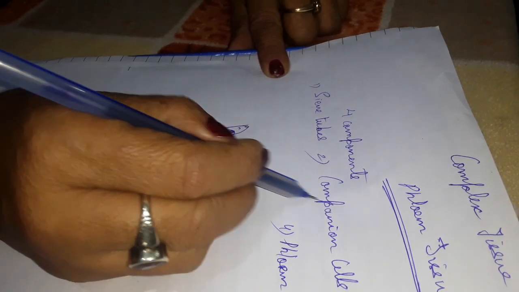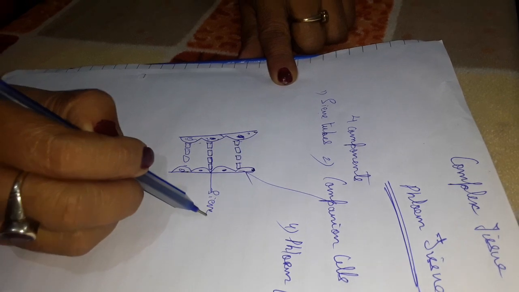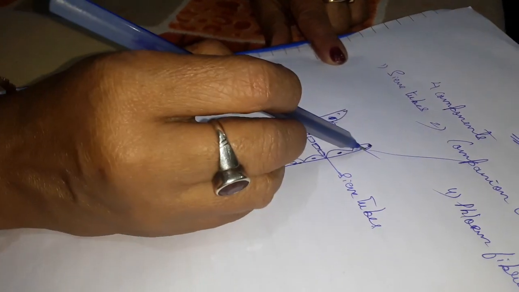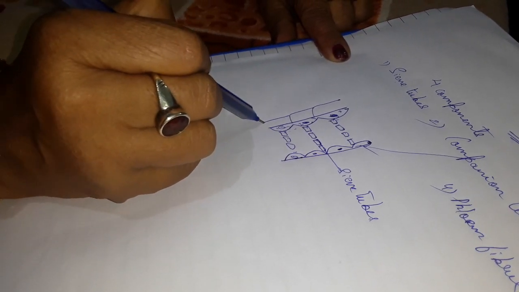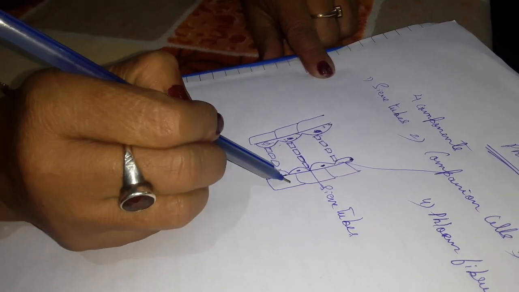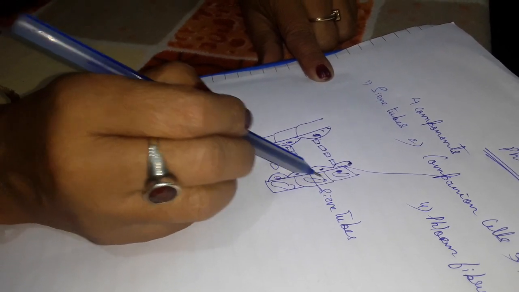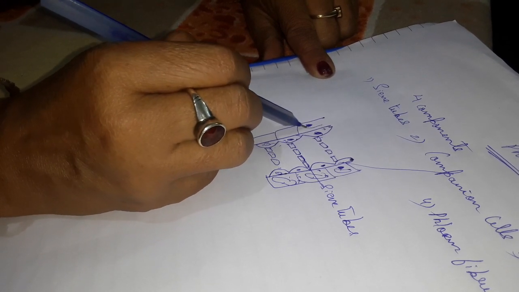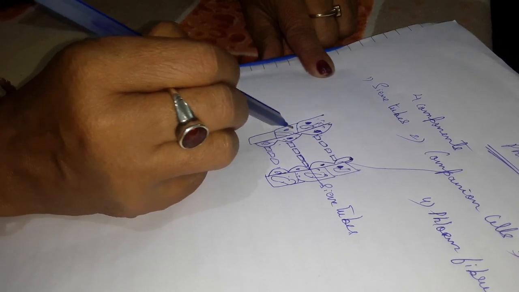Companion cells control the activity of sieve tubes. Closely associated are the phloem parenchyma. Parenchyma are living cells which have a prominent vacuole, nucleus and cytoplasm along with the other organelles.